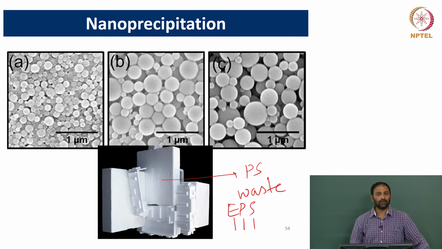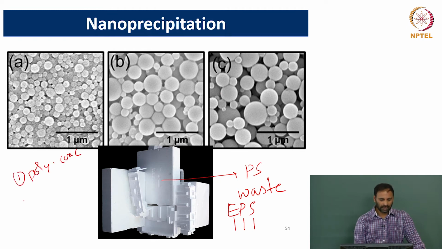And of course I can't make particles of a single size. As you can see, there are different sizes. There are ways by which I can control that as well. I can play with the polymer concentration, I can play with the amount of water that I'm using for precipitation, and I can play with the mixing speed.